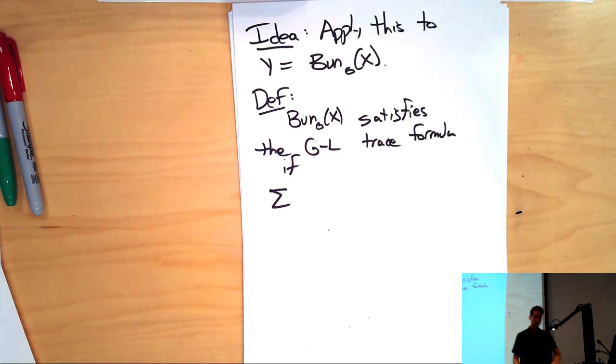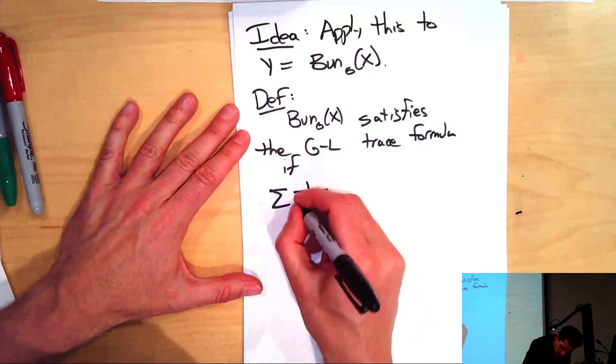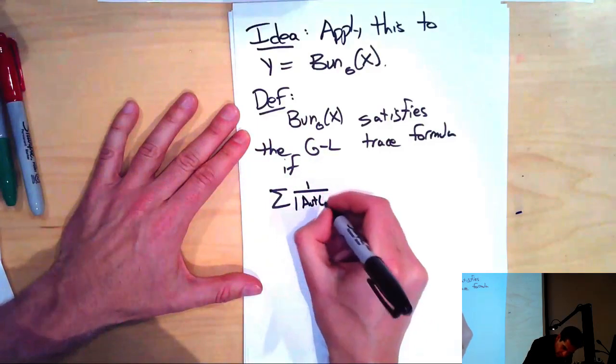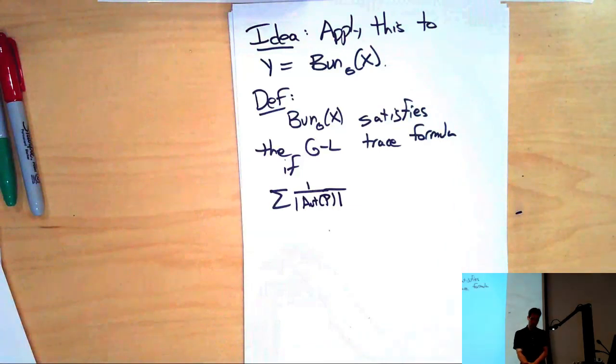I'm counting points with multiplicity. So I should see a sum over all principal G-bundles of 1 over the size of that automorphism group.